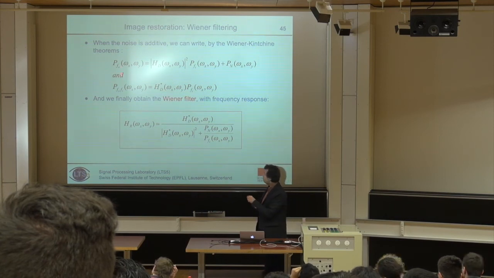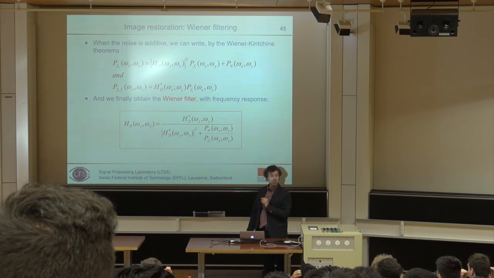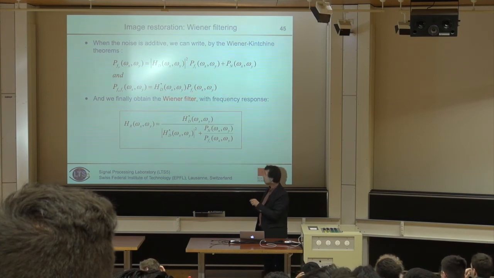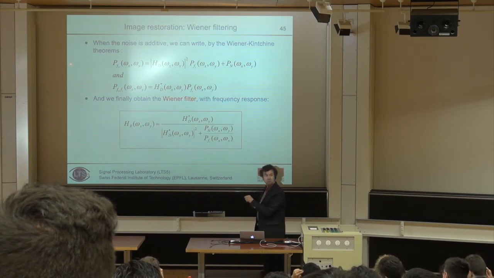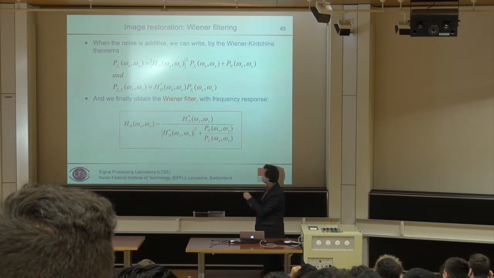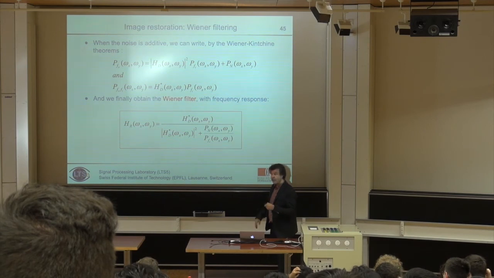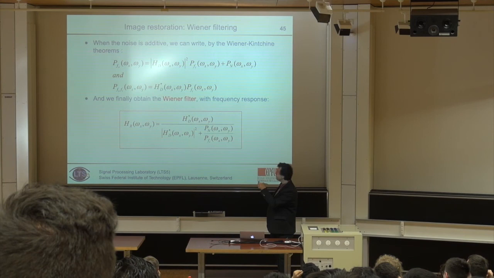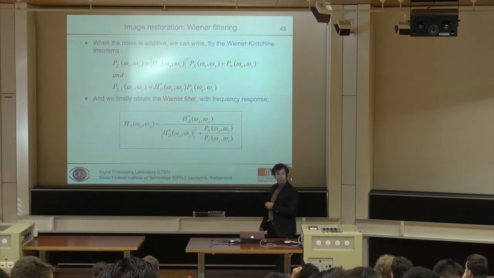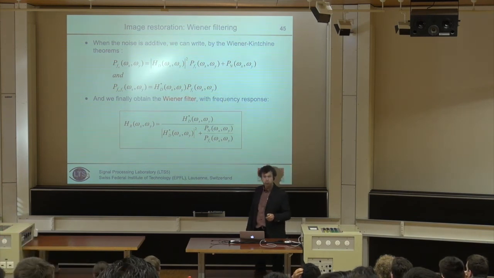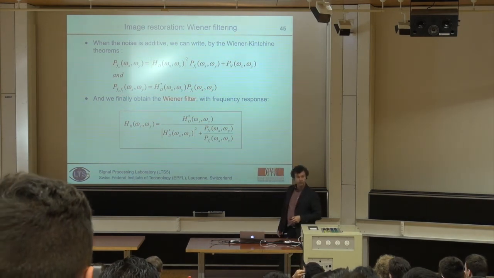The output is the input convolved by the impulse response. So in the Fourier domain, the spectrum of the output is the spectrum of the input times the frequency response, classical linear. And in the power domain, to the square, the power of the output is the square of the frequency response times the power of the input, plus the noise. So that's logical.